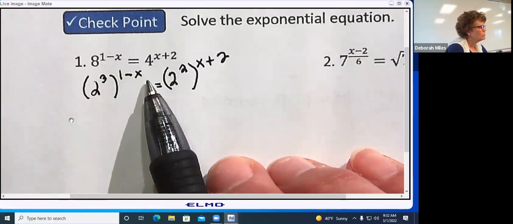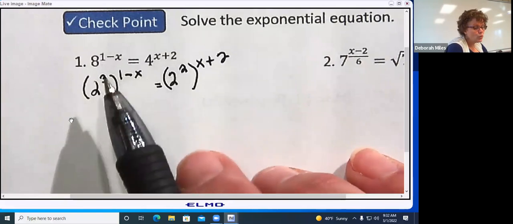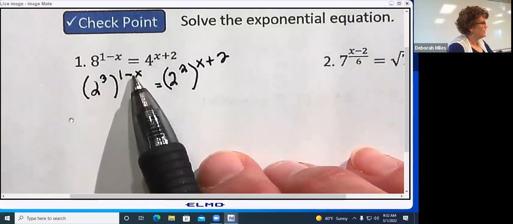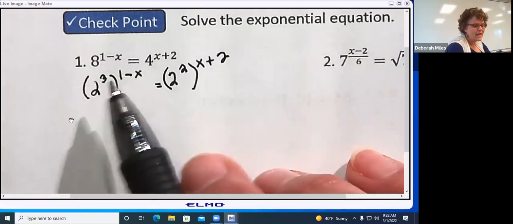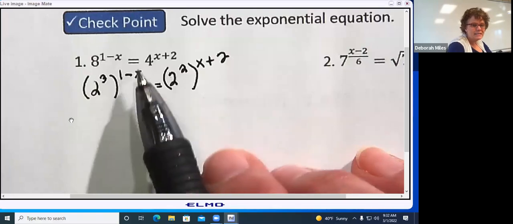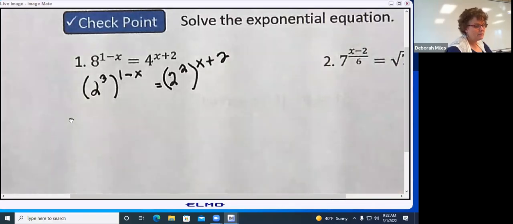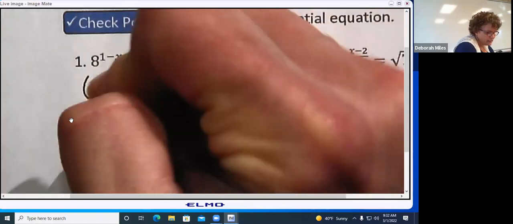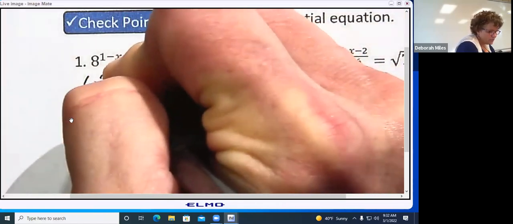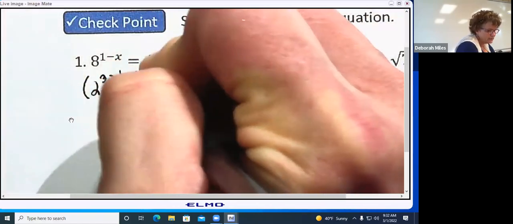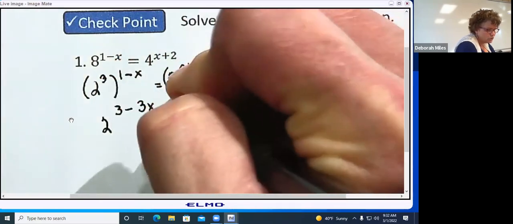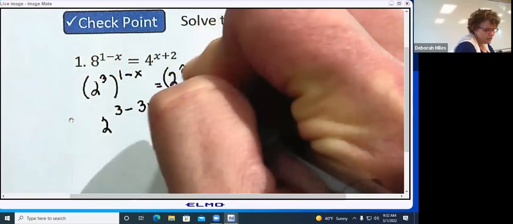You multiply the exponents. So to remove those parentheses, I'm going to multiply that 3 times 1 minus x, and I'm going to make sure to distribute it completely. So I had 2 to the 3 minus 3x equals 2 to the 2x plus 4.